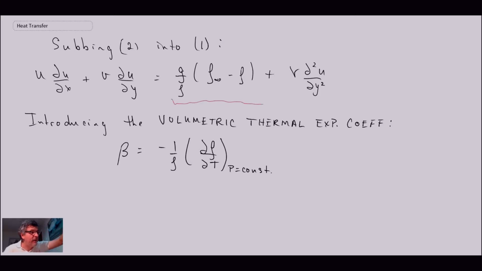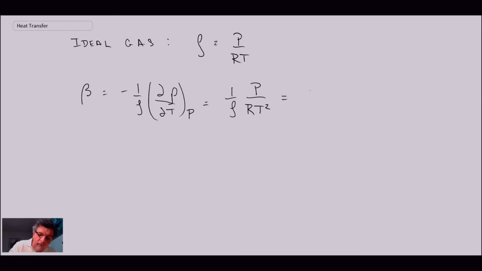With this, we can look at it for a couple of different scenarios, be it a gas or a liquid. To begin with, if we're dealing with an ideal gas, we can use the ideal gas equation, and with that we can rewrite beta in the following manner.